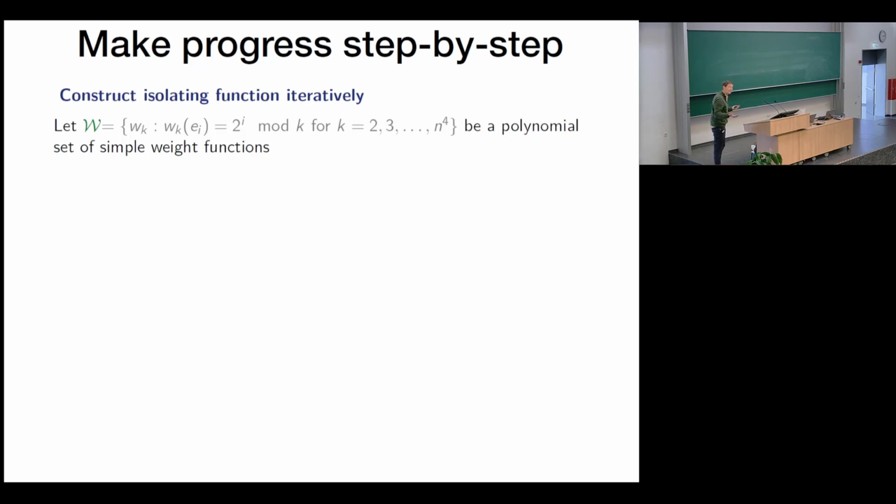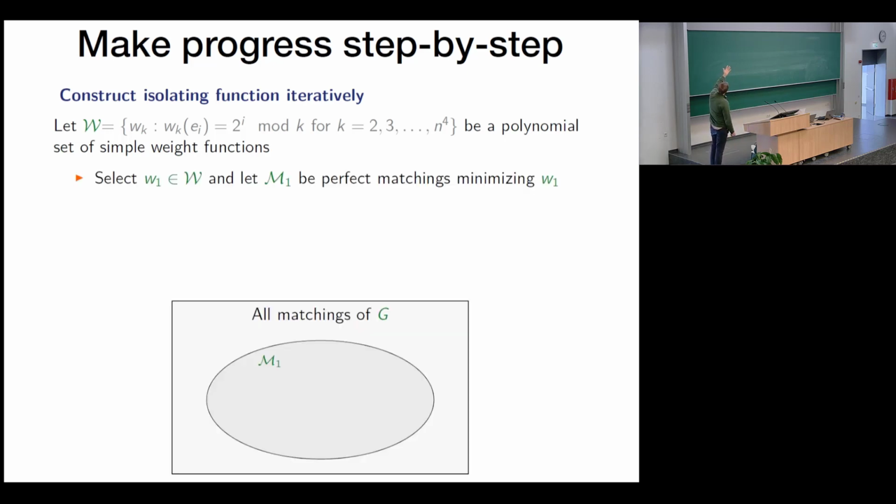Because if we could say that, then we would just run all the weight functions in parallel, and one of them would be guaranteed to work. That would be the dream, because then we would have a de-randomized algorithm. We would just run all these polynomially many weight functions in parallel. One of them is guaranteed to work because one of them is isolating. Now, that's too greedy, so what they say is, let me just select W1 first, and let M1 be the matchings that minimize this weight function.